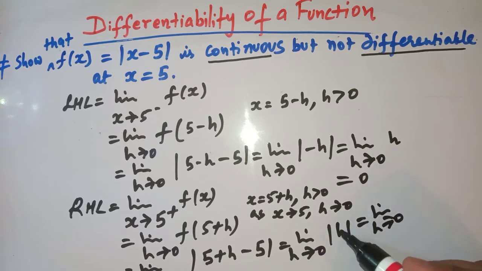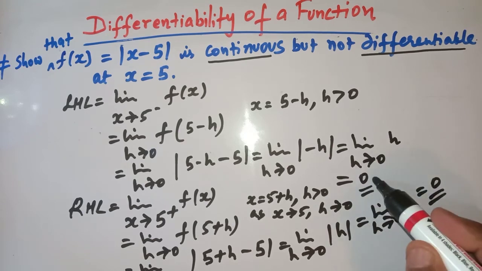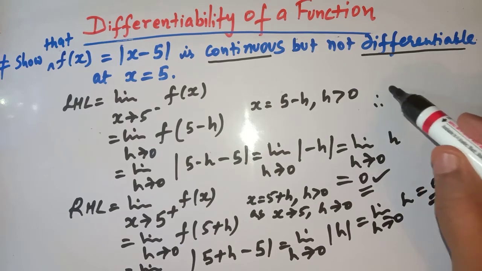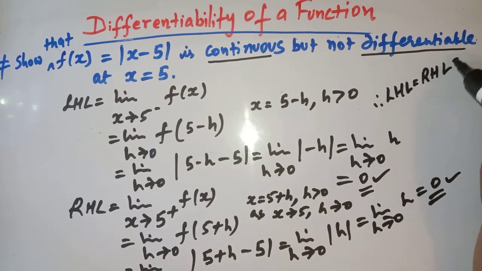Here h is positive, so mod of h is equal to h, and it is 0. So we see that this is 0 and this is 0. So therefore the left hand limit is equal to the right hand limit, which is equal to 0. Clear?